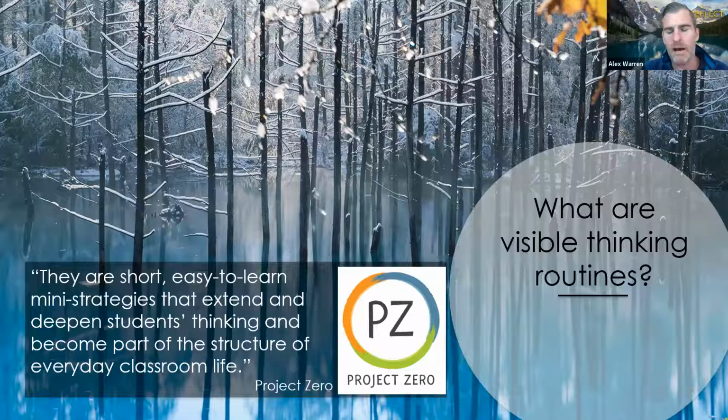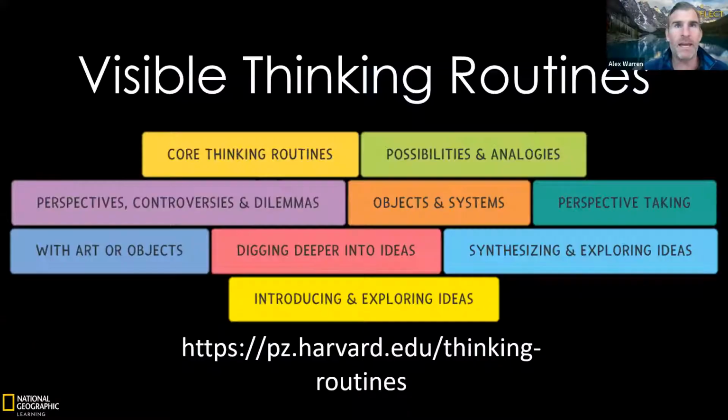Now, to help me do that, they have actually got something they call the toolbox, the Visible Thinking Routines toolbox, which you can download from or access from that website there, the one that Will just shared as well. And essentially it's about 80 different activities that look at different areas.